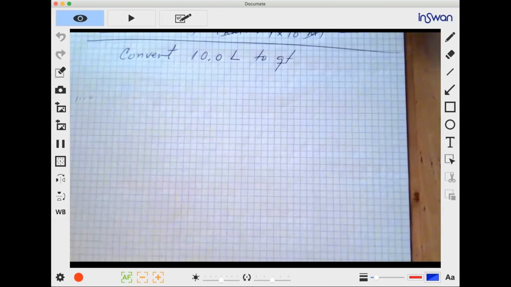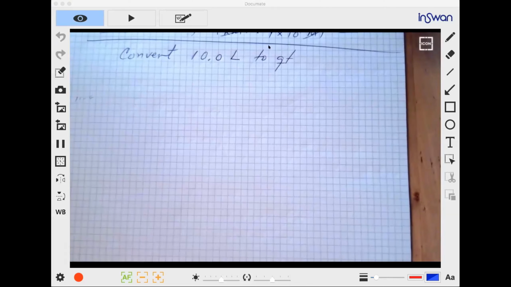So that's the task. The book tells me, at least on that one chart that we were looking at, that 1 quart equals exactly 946 milliliters.